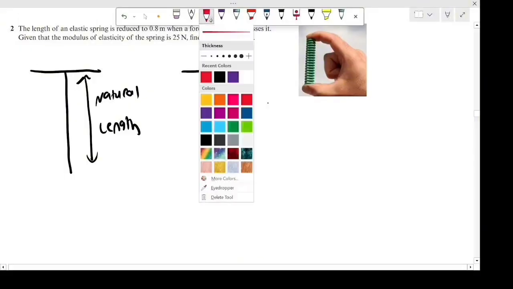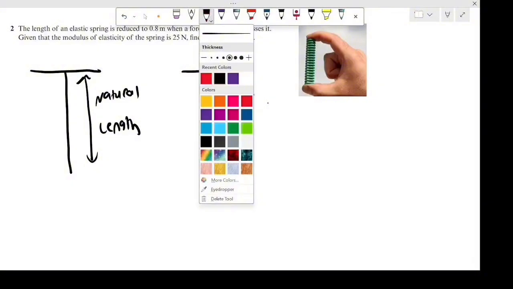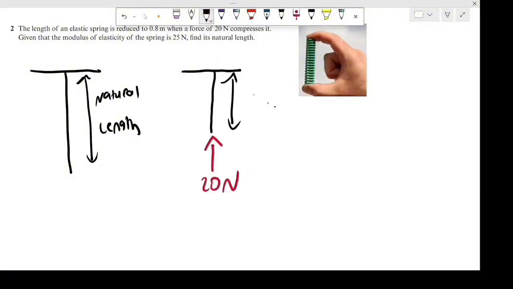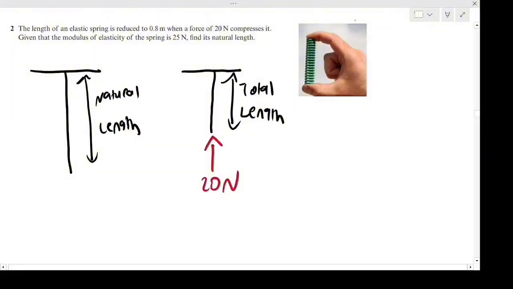So now this is going to be my total length after the compression. This is how much spring I've got remaining after the compression. Now, because there's a force acting upwards, the spring doesn't like that.